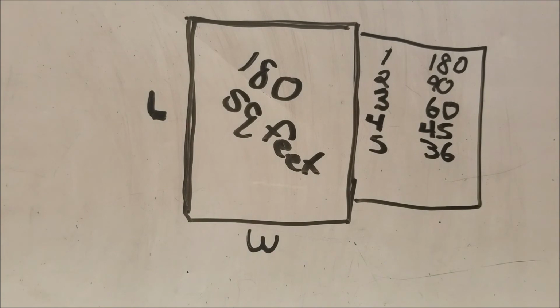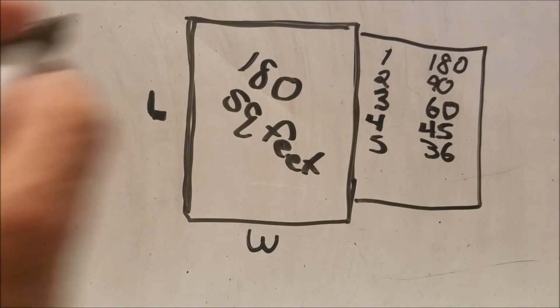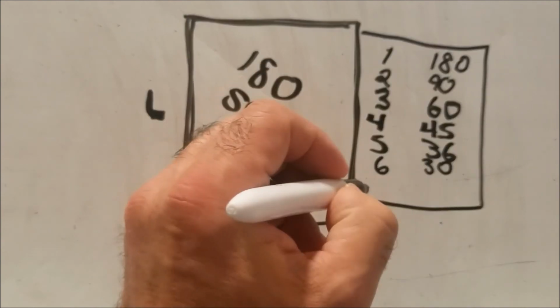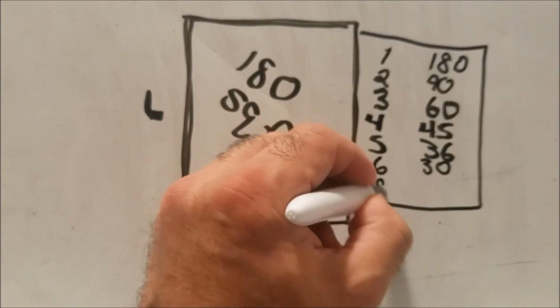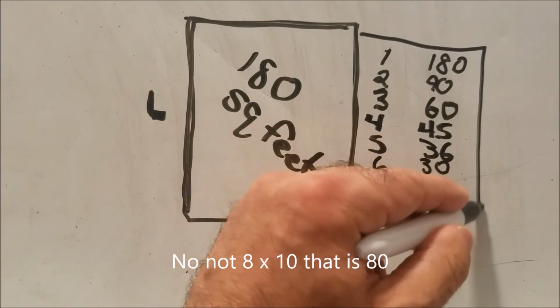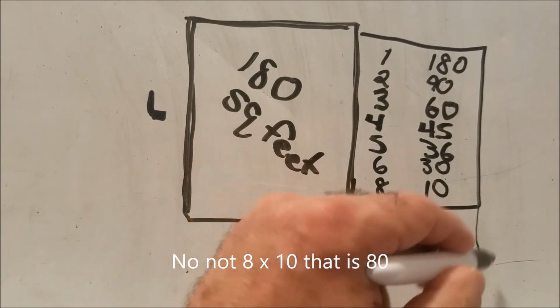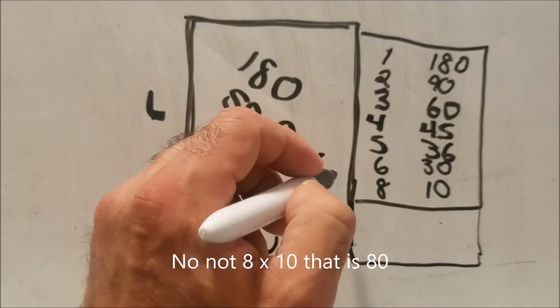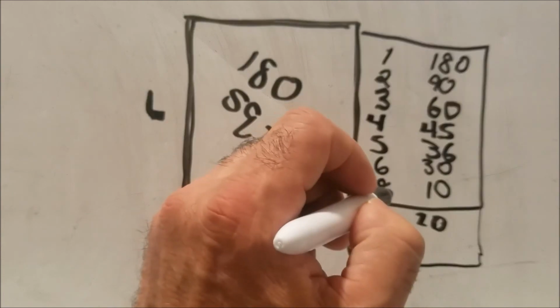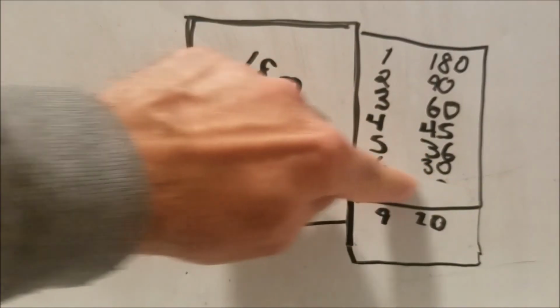So what others? What others are missing? Okay, how about 6 and 30? What about 8 and 10? And let's add a little more to this. Ran out of room. 9 and 20. Well, not 8 and 10. 8 and 10 is 80.